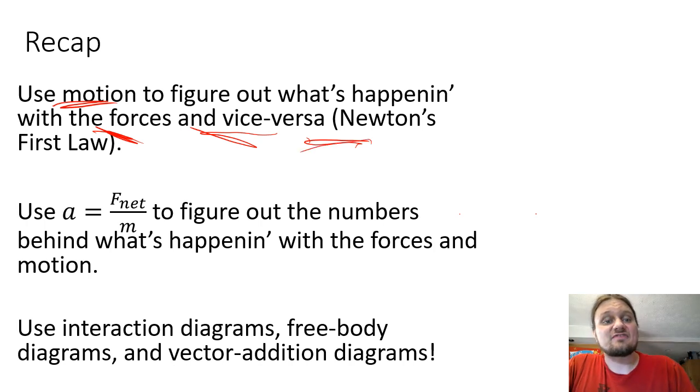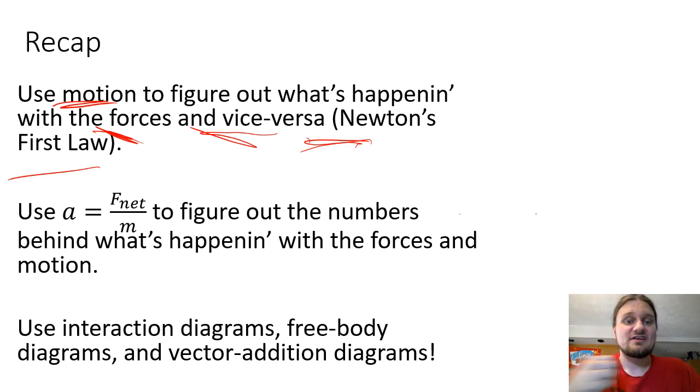Newton's first law specifically lets us make some general statements about balanced and unbalanced forces, constant and changing velocity. If we want to get into the weeds with numbers and exactly how the forces, acceleration and mass are all affecting one another, that's where we get into Newton's second law, where acceleration is equal to the net force divided by the mass.